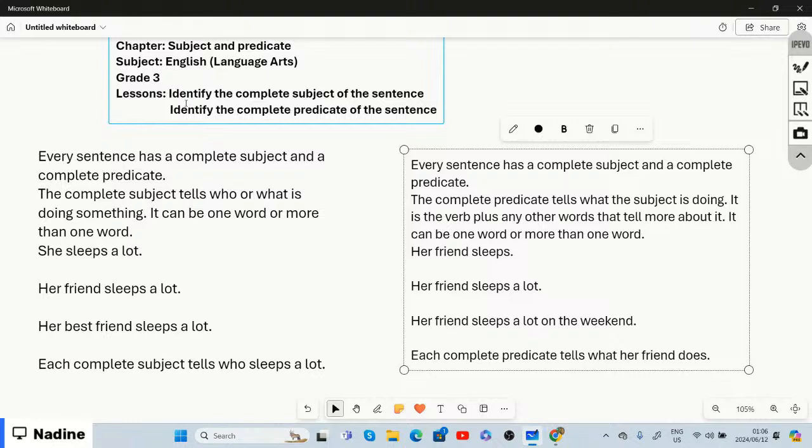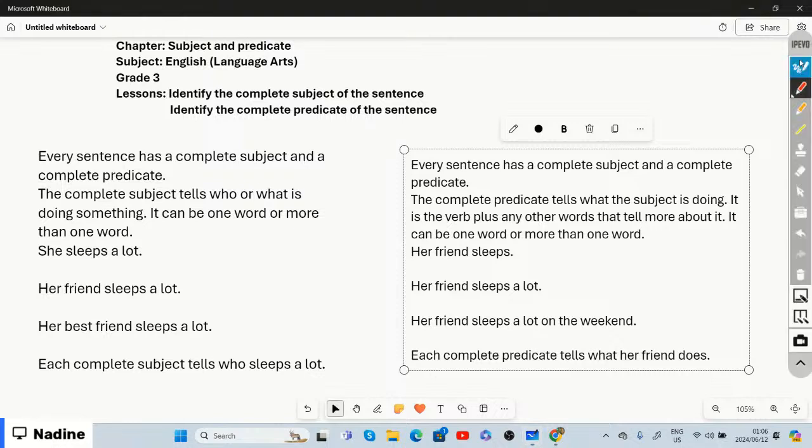If we are going to go over what the subject of the sentence is, firstly, every sentence has a complete subject and a complete predicate.